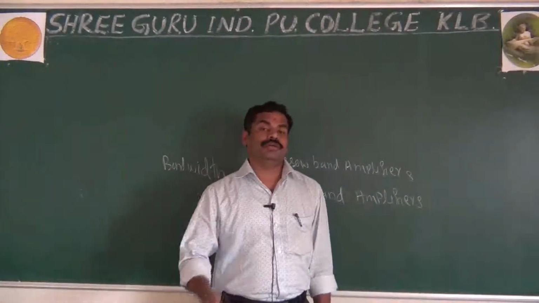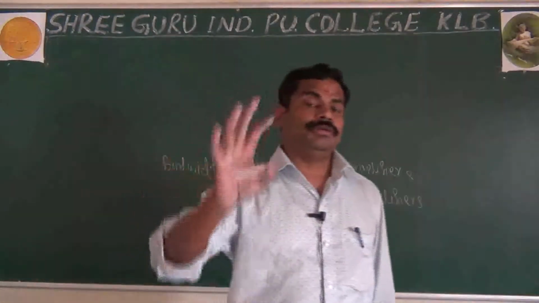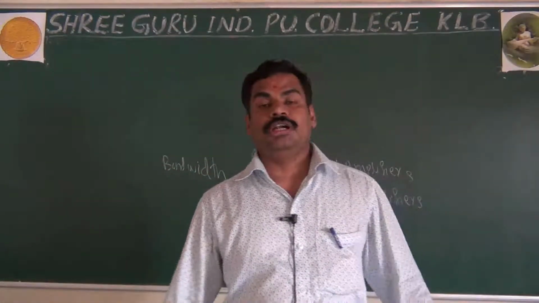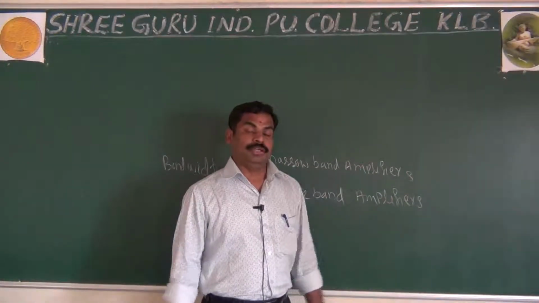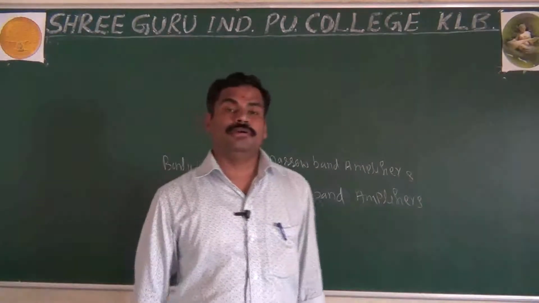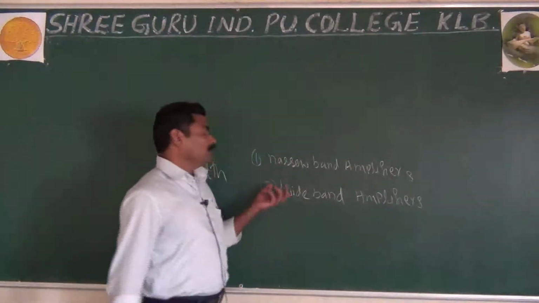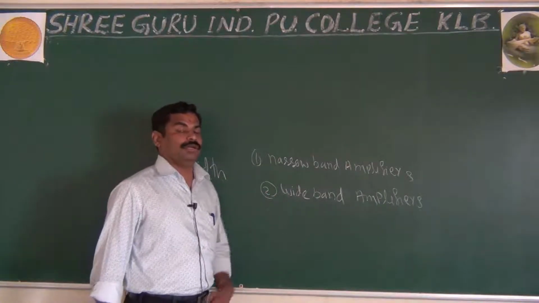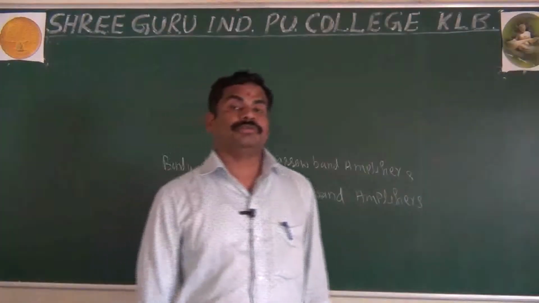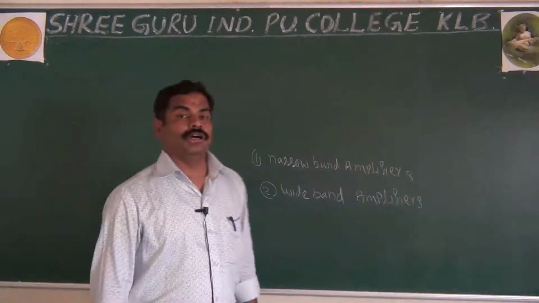And also the stages: single stage amplifier or multi-stage amplifier. And finally, overall we are studying the bandwidth: narrow band amplifier or wide band amplifier. These are the different types of amplifiers, the classification depending upon the important parameters of your amplifiers.